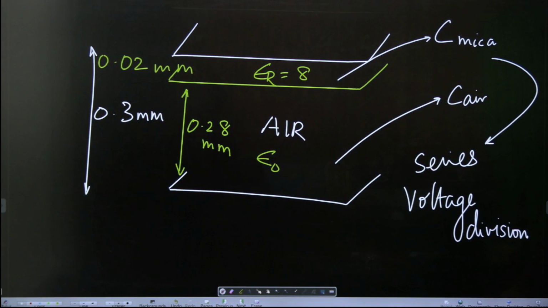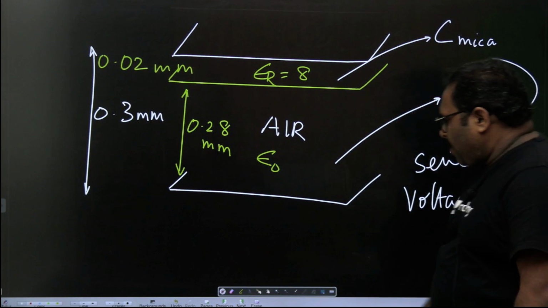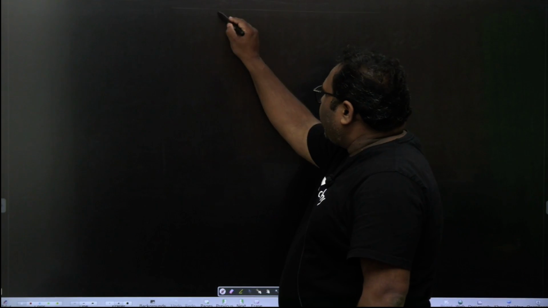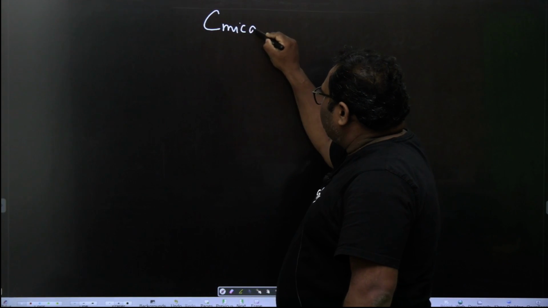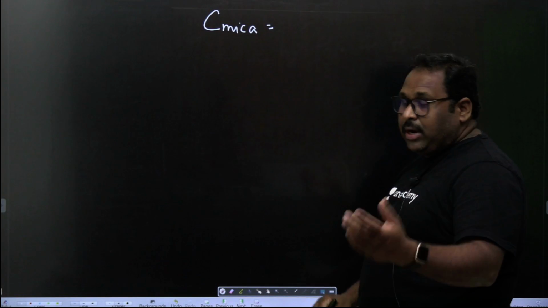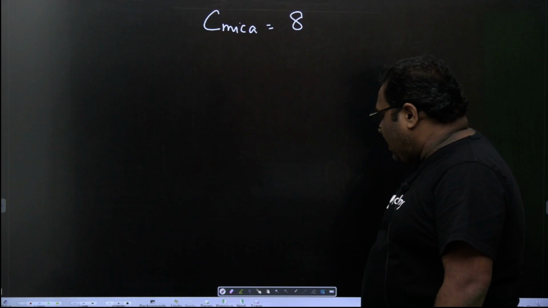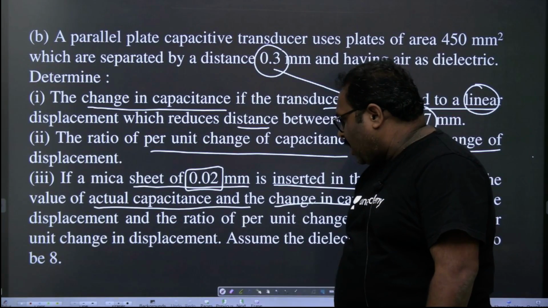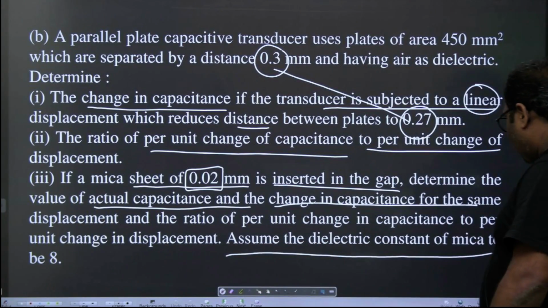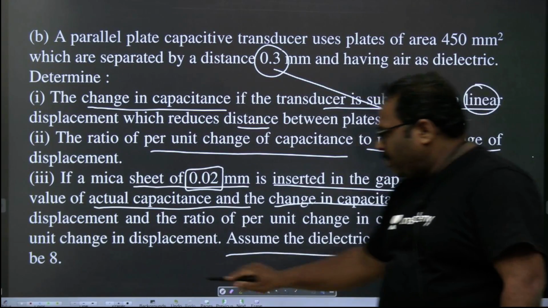So what is the capacitance of the mica? What is the capacitance of the air? Capacitance of the mica is epsilon r, epsilon naught. 8 is the dielectric constant of the mica.